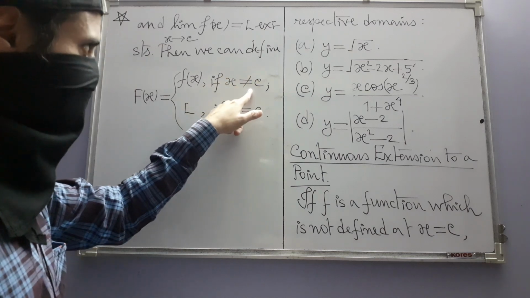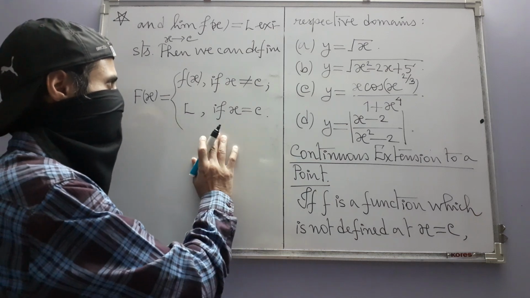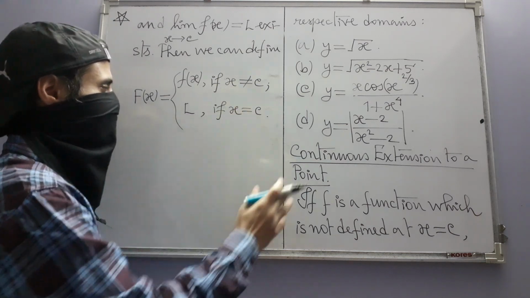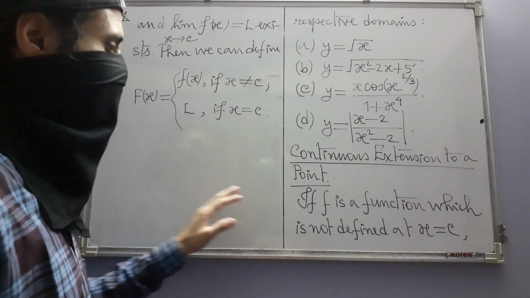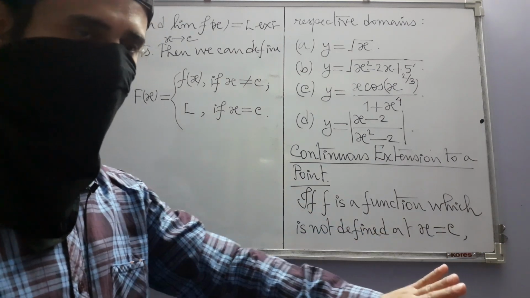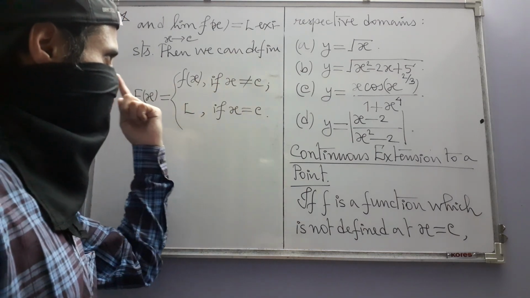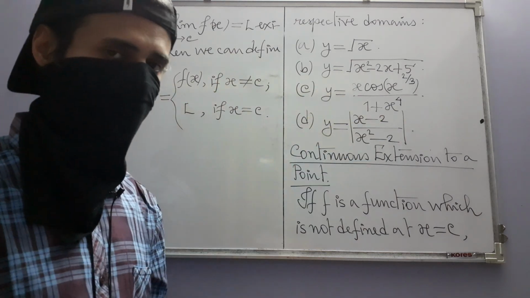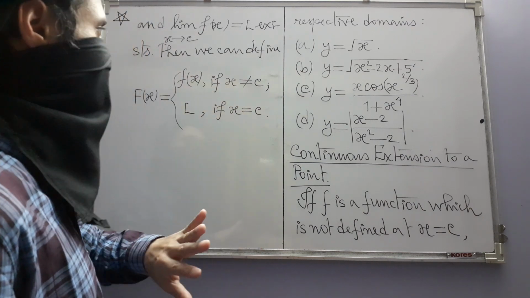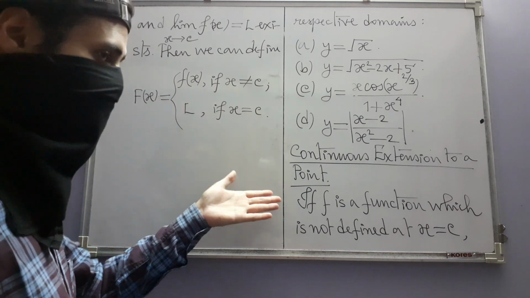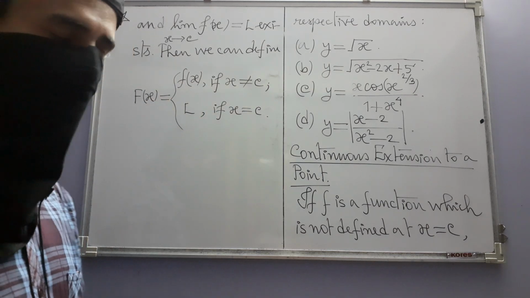By writing this, I actually mean to say that x is a point in the domain and x is not equal to C. Well, C originally itself is not in the domain, but you get the point, okay. Actually what the authors have written is that if x is a point in the domain of f. Here I am just simply emphasizing the fact that x is not equal to C, and here if x is equal to C, then we define capital F to have the value L.